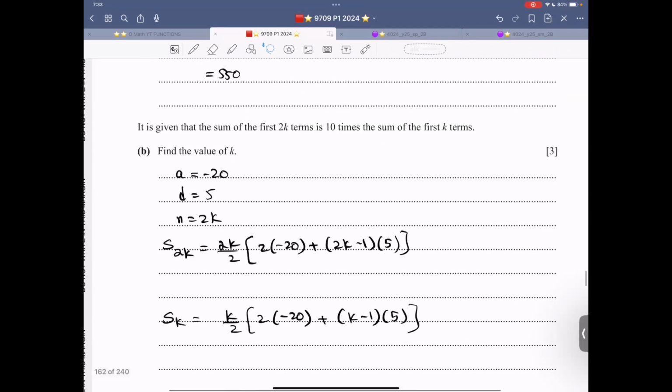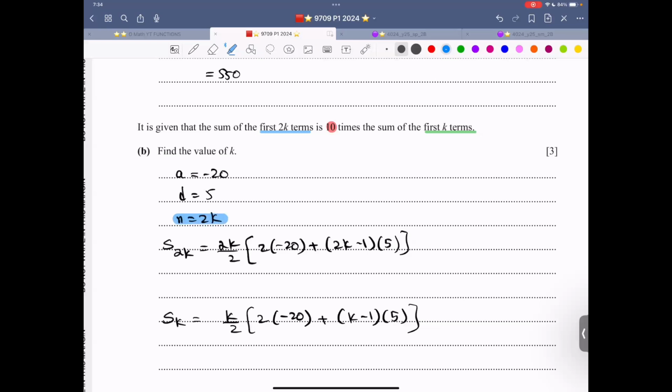The second part, it says it is given that the sum of the first 2k terms is 10 times the sum of the first k terms, and that is the ratio in between the two. It's 10 times. So first of all, if I focus on sum of first 2k terms, so n is basically 2k.